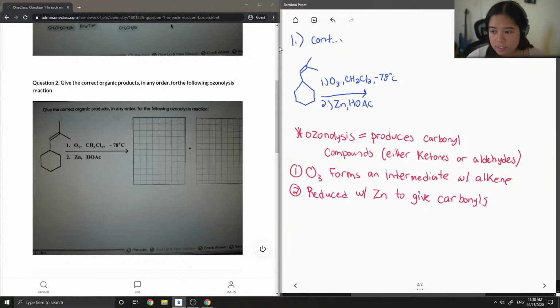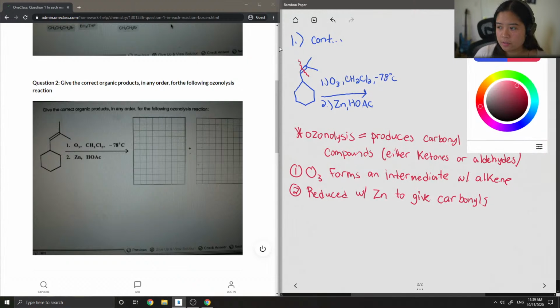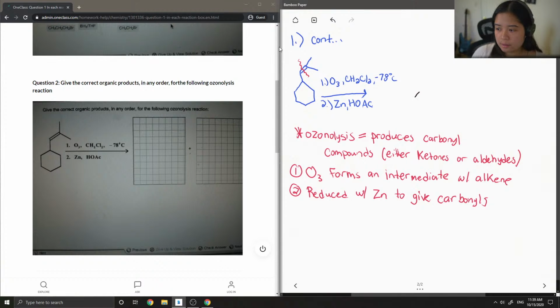Okay, so it's actually pretty easy to figure out what the products are from this reaction. Wherever you see the double bond, I like to draw a line that breaks it into 2 different species. And then wherever the line broke, you just replace it with either a ketone or an aldehyde. So the first product will look like this.